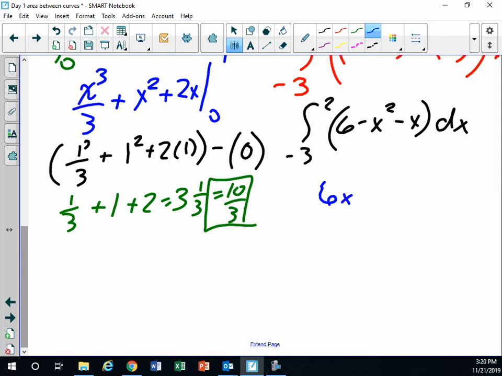This becomes 6x minus x cubed over 3 minus x squared over 2, evaluated from negative 3 to 2.